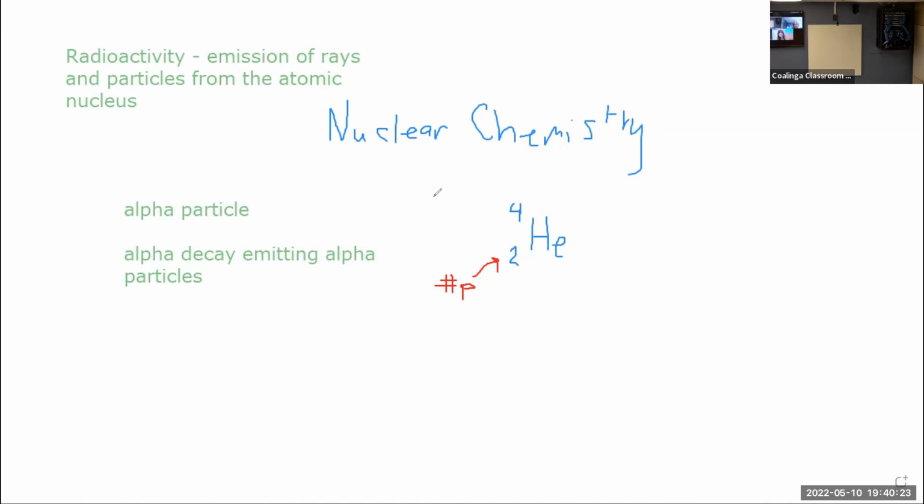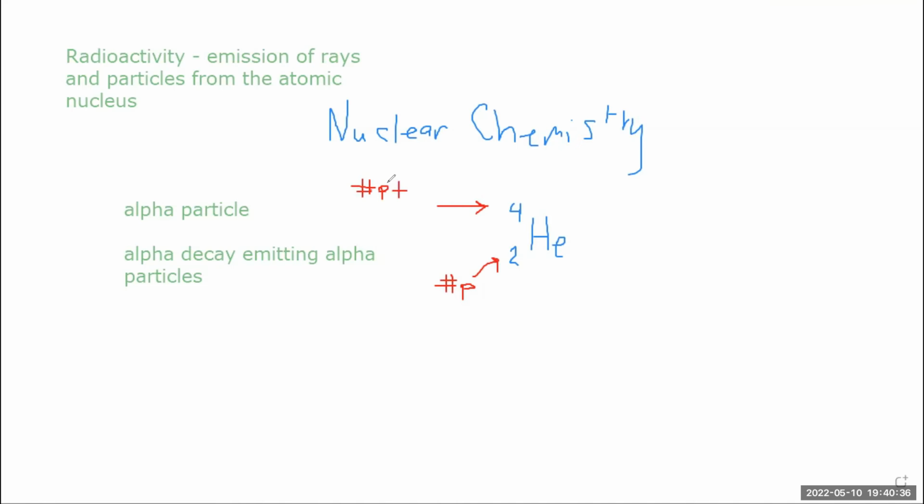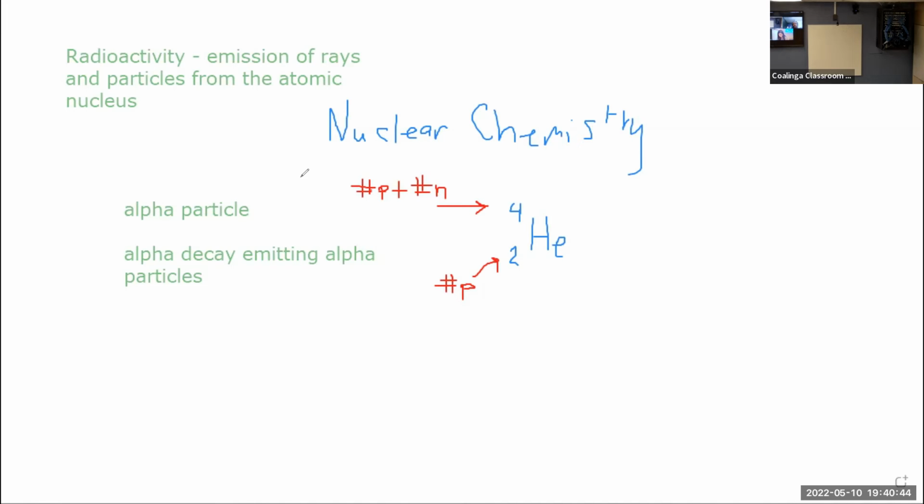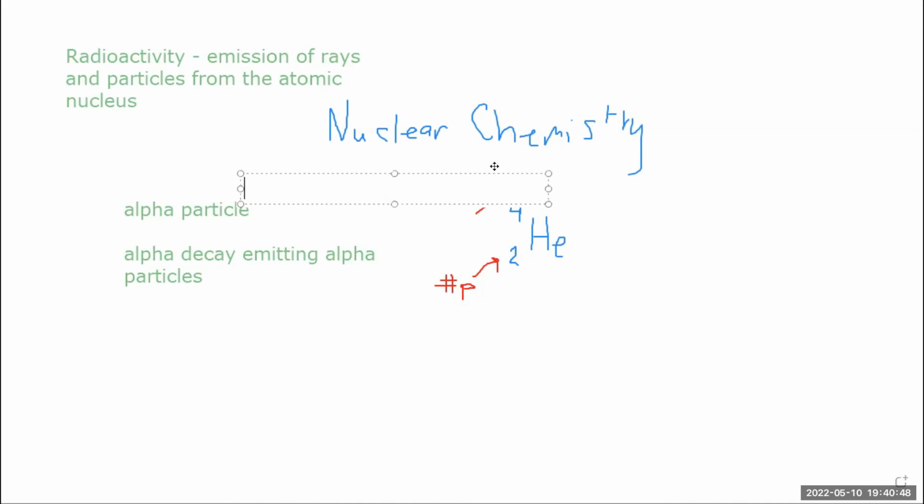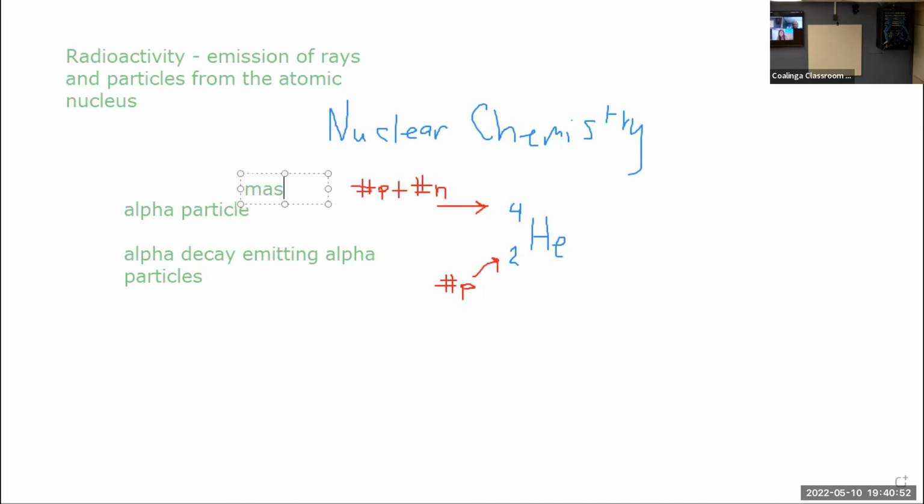And then the top number is protons plus neutrons, also called the mass number. That's right.